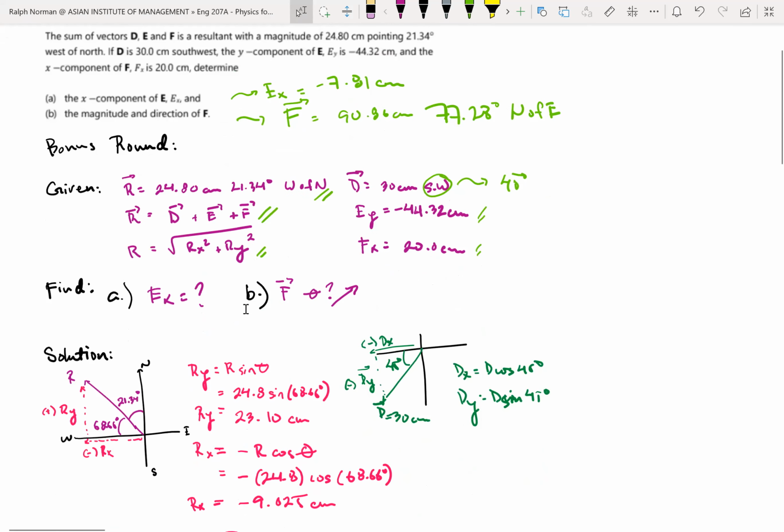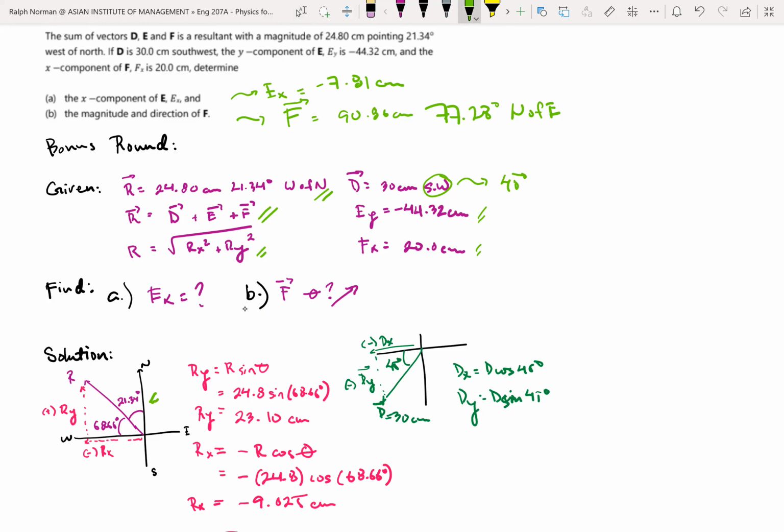And then we go, so try solving it. The first thing I did here was setting up what my R components are, like RY and RX. I did that by determining where my R lies. So it lies on the third quadrant. I realized based on the direction that we have at 21.34 degrees, so I got the opposite, which is 68.66.